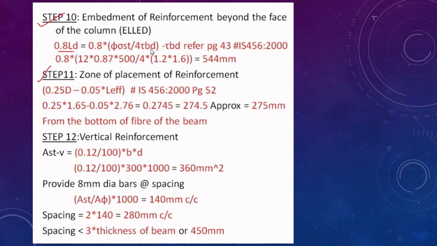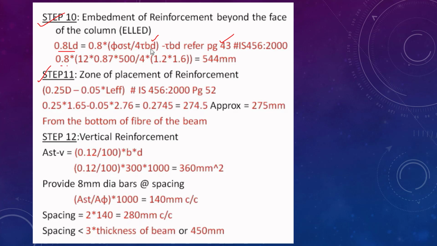So 0.8 into LD is the value. We know the LD value is given in the IS code, with the corresponding clause for finding the development length. So 0.8 into (phi sigma st by 4 tau bd). Tau bd you can find from IS 456:2000 page number 43, which you already used for the basic design, so I'm not again showing those clauses.